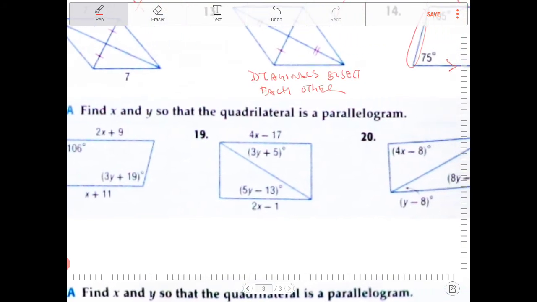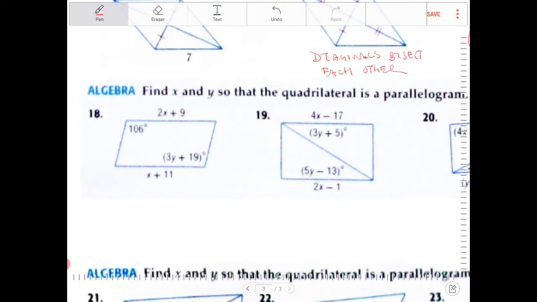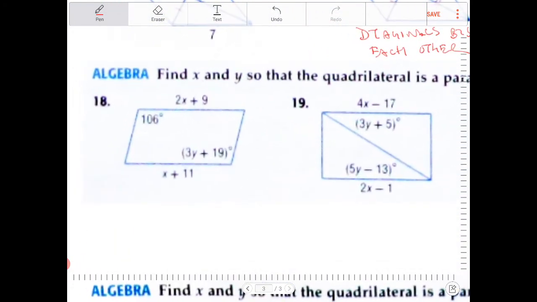Find x and y so that the quadrilateral is a parallelogram. So opposite sides have to be congruent. So we say 2x plus 9 is equal to x plus 11. Subtract x, and subtract 9, we get x is equal to 2. And since opposite angles are congruent, we say 3y plus 19 is equal to 106.